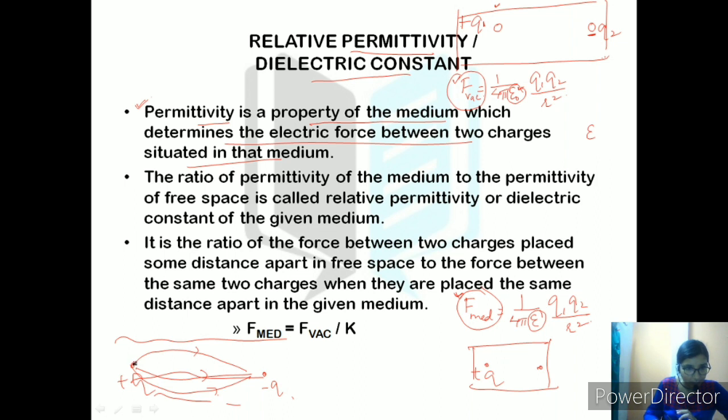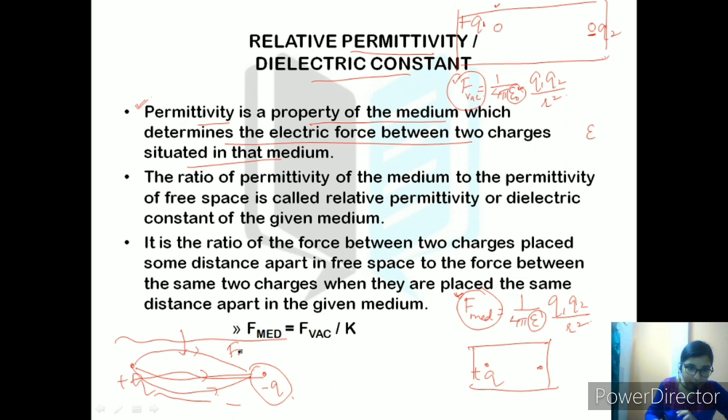That means not all the threads which start from Q1 will reach Q2. Some of the threads are absorbed by the medium. That means the net force experienced by this Q will be lesser. So the field is reduced because of the presence of the medium.